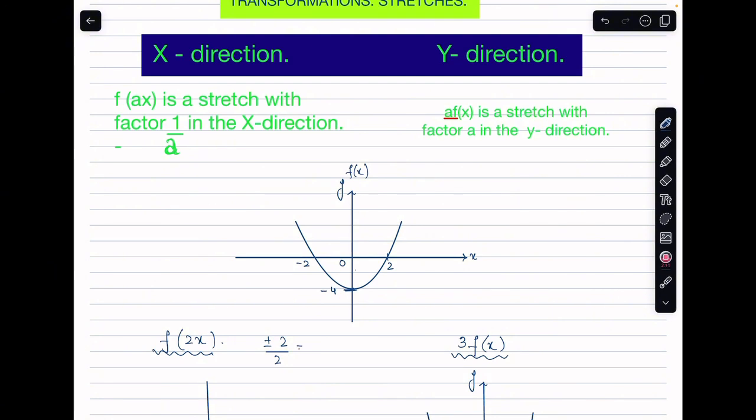So the two roots, -2 and 2, after the stretch transformation shall be -2 divided by 2, giving me -1, and 2 divided by 2, again giving me +1 here.